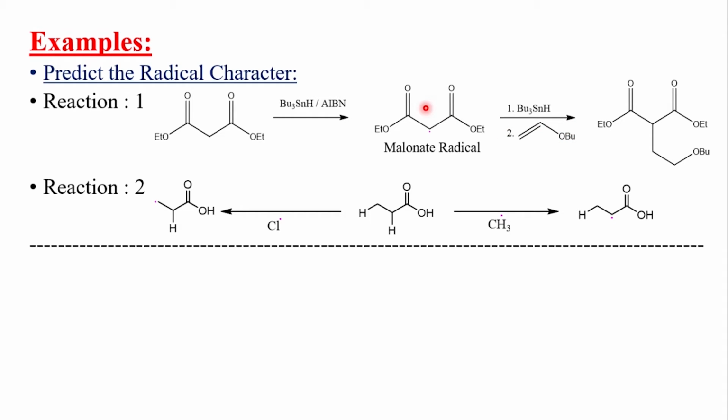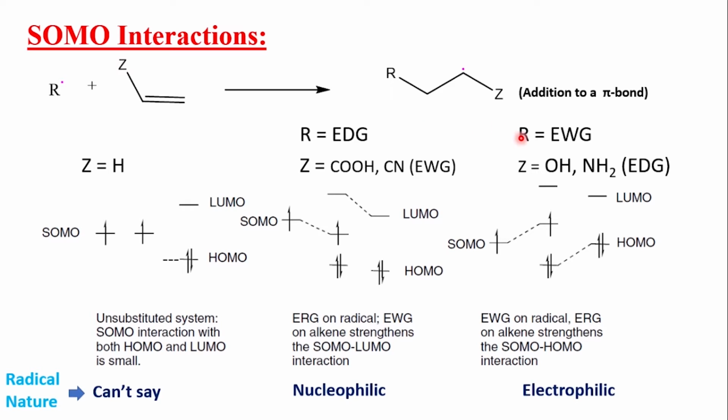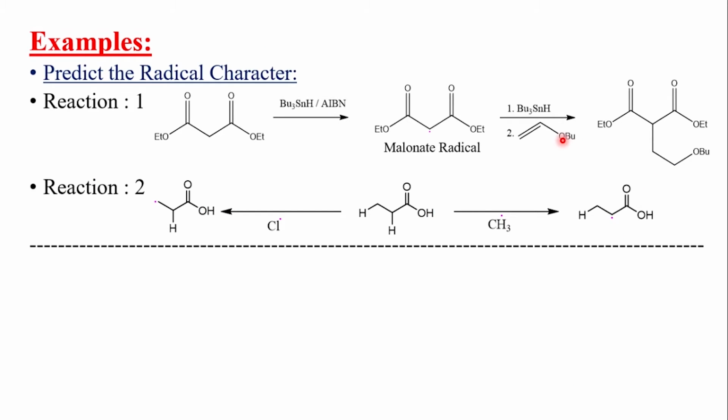When the R group acts as an electron withdrawing group and the alkene as an electron donating one, you can see in this example R as electron withdrawing and Z as electron donating. This makes the radical electrophilic in nature. So this malonate radical acts as an electrophile.